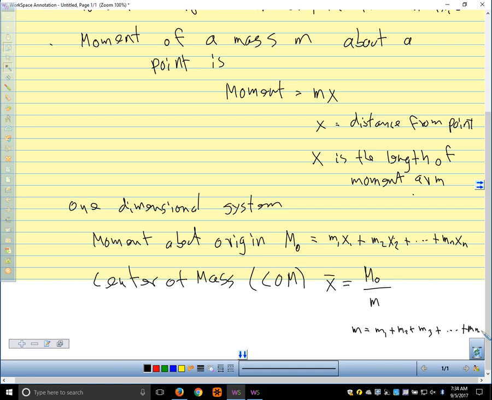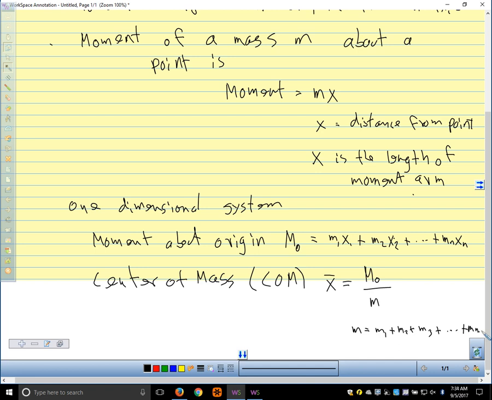Now, why would it be important to find a moment or the center of mass? One reason is, well, you can talk about where it balances. Another reason is if I took a handful of markers and I threw them across the room, it turns out that we can analyze the motion of the system by analyzing the motion of the center of mass.